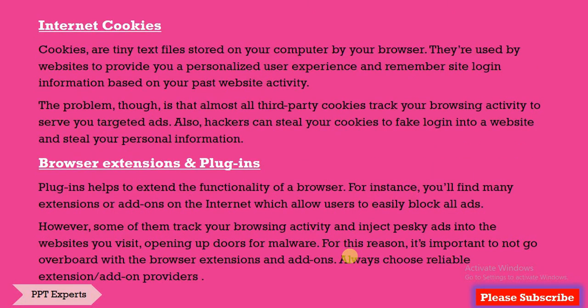And next is internet cookies. Cookies are tiny text files stored on your computer by your browser. They are used by websites to provide you a personalized user experience and remember site login information based on your past web activity. When you visit any website, you allow cookies to be saved on your browser.